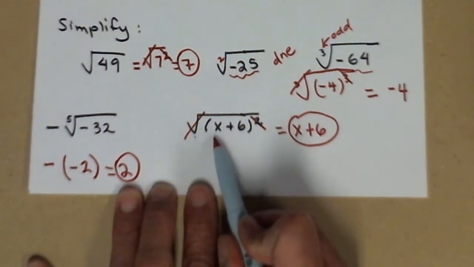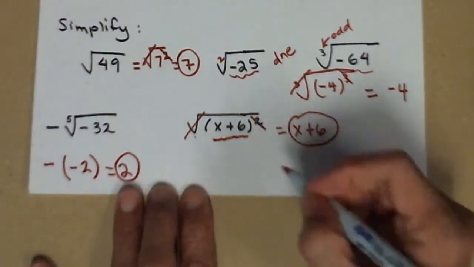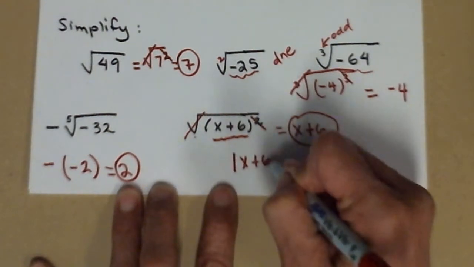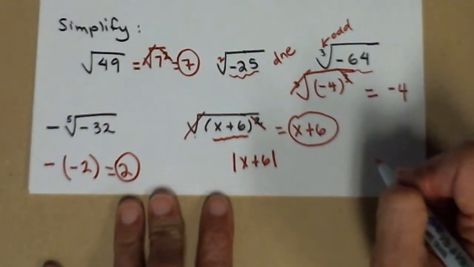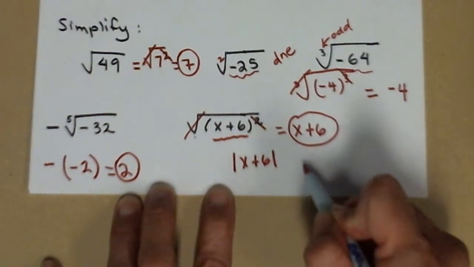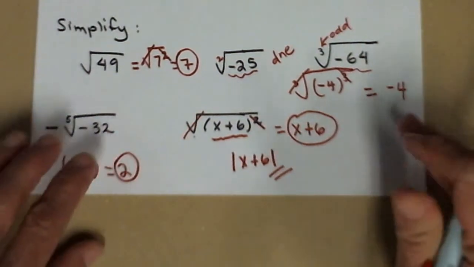When this is a variable expression, sometimes you'll be required to put absolute values on your answer. Typically, this goes away within a section or two, so I tend to skip it when I'm lecturing this part. But if your teacher doesn't, be sure to add them in.